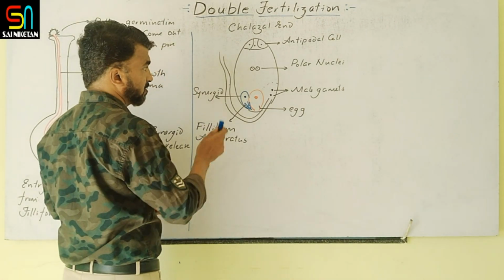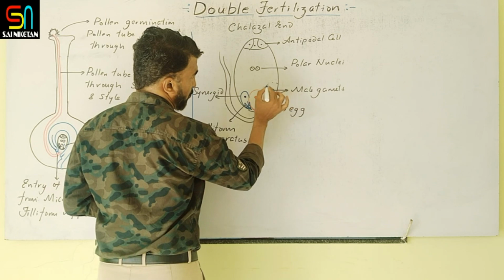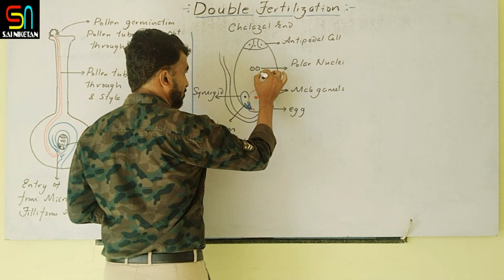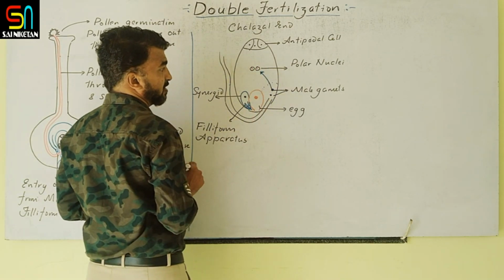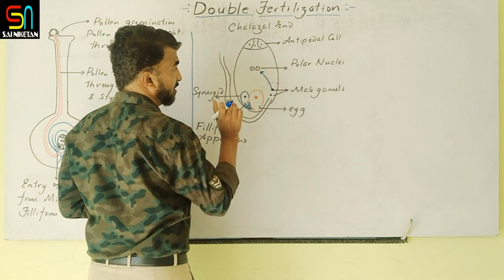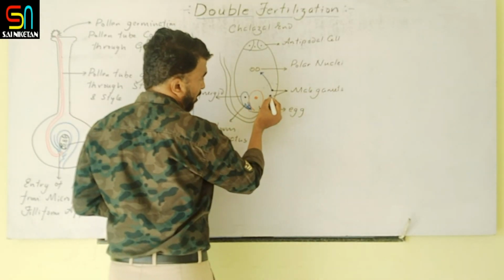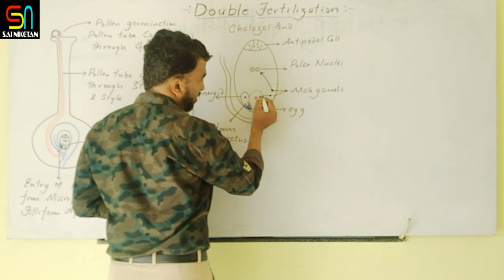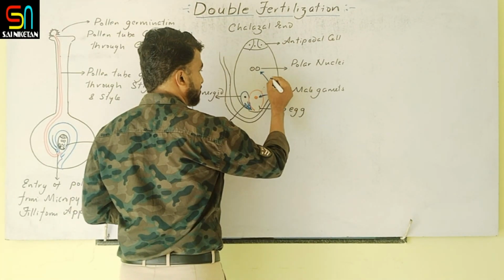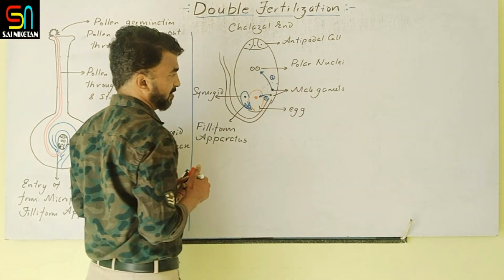Now one of the male gametes moves towards the polar nuclei present in the central cell and fuses with them, resulting in a triploid cell, that is the primary endosperm nucleus. Another male gamete moves towards the egg and fertilizes it. So here two events take place. This is the first event, this is the second event.